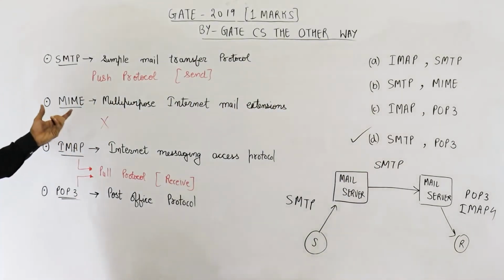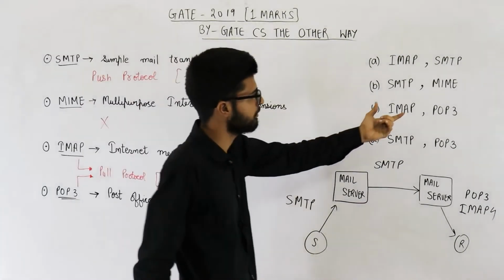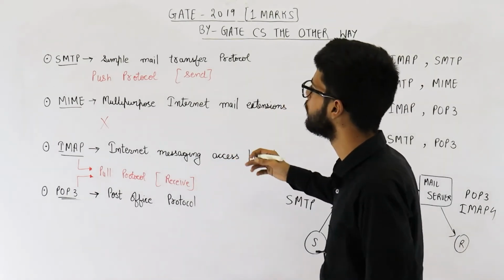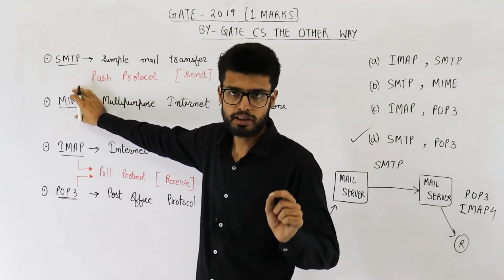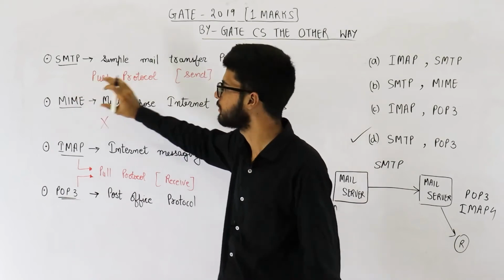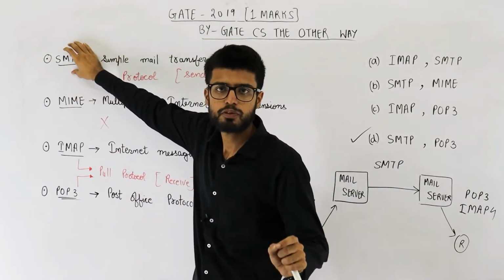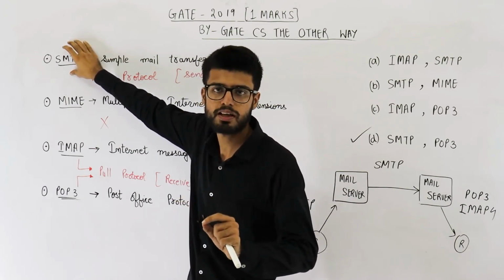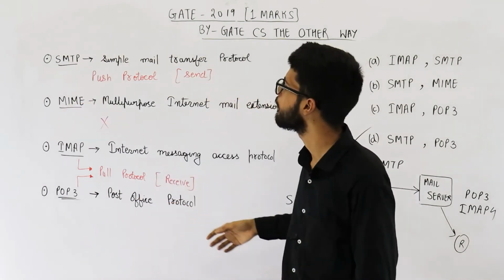Now they're also discussing MIME in the options. We have MIME, Multimedia Internet Mail Extension. What is MIME? MIME is not used for sending or receiving emails. MIME is actually used for encoding data. SMTP protocol was developed for only text. When this protocol was developed, we only wanted to send text, and that too in English only.